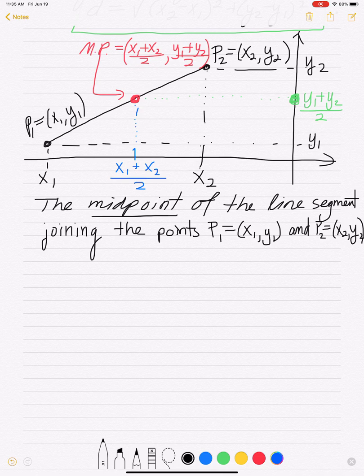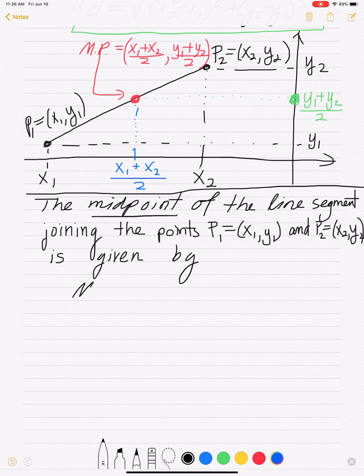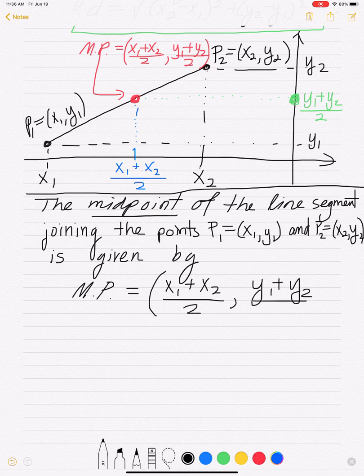So the midpoint of the line segment, okay, we want to write this out nice. The midpoint of the line segment joining those 2 points, x1, y1, and x2, y2, is given by the formula, MP for midpoint equals, parentheses, x1 plus x2 divided by 2, comma, y1 plus y2 divided by 2.